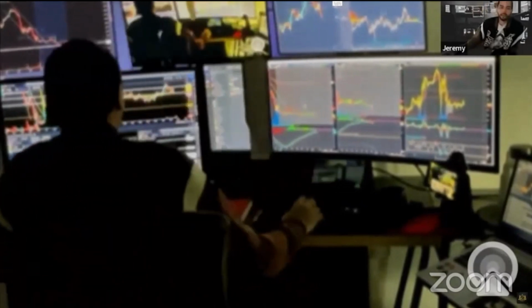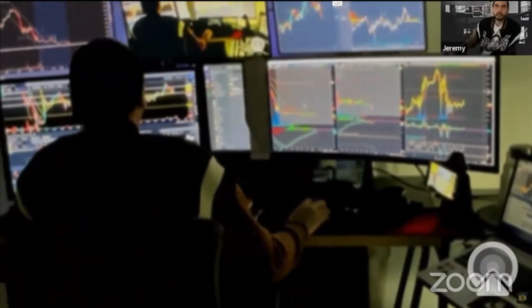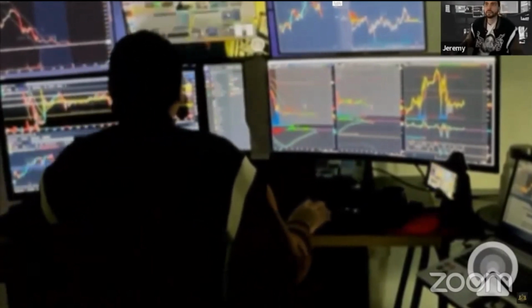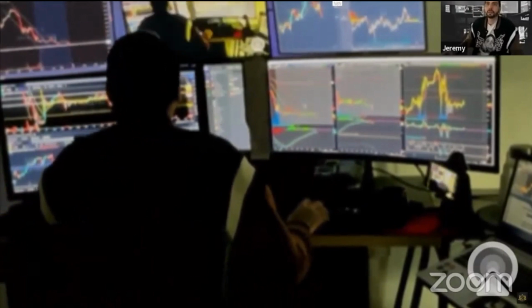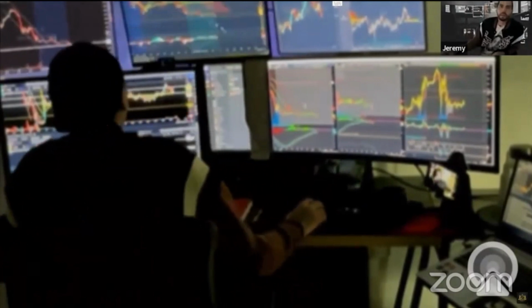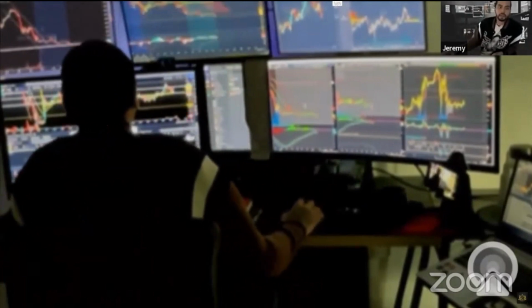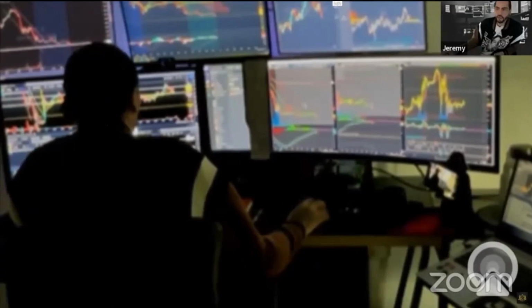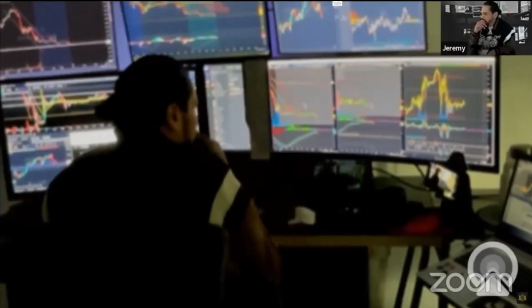There's little things that might get tweaked here and there, but for the most part, that's the setup that I run on a more or less daily basis. It doesn't really matter what ticker I'm trading at the time. But yeah, that's the quick chart breakdown.